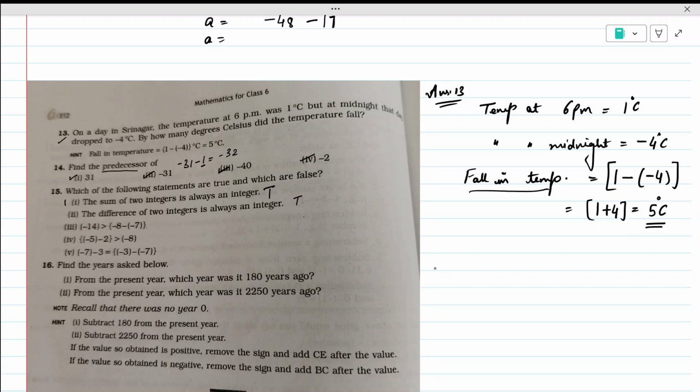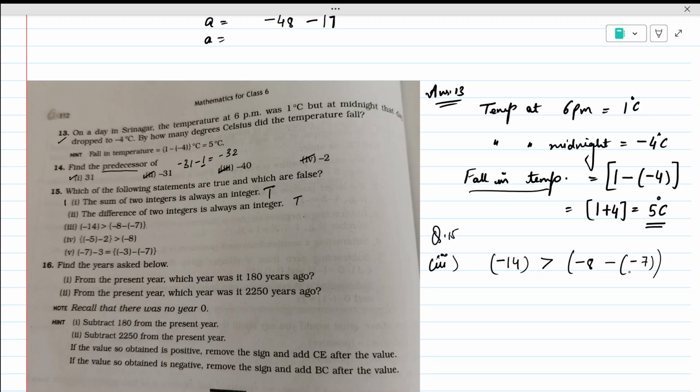Next we have to solve the expression in C. I'm solving it here, the third part of question 15. It says minus 14 is greater than minus 8 minus minus 7. Kids, another important thing I want to tell you is to always keep a note and be alert with the brackets. You have to see if a bracket is there or not, and if you open one bracket you have to close it.